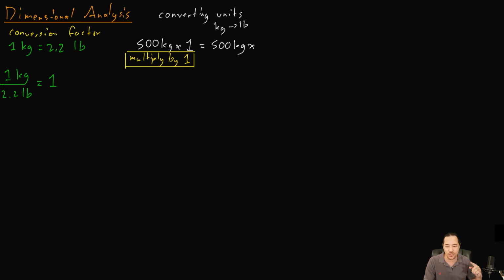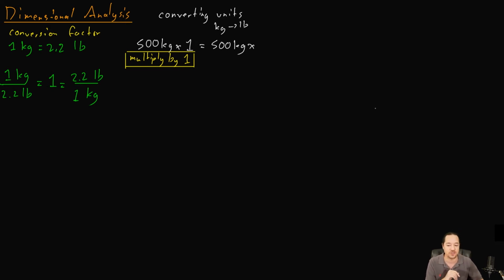I could also conversely divide both sides of this equation by 1 kilogram, right? The left side would be 1 kilogram divided by 1 kilogram. Well, that's 1. And the right side would be 2.2 pounds divided by 1 kilogram. So here I have 3 different ways of writing down 1. And I'm going to choose one of them to multiply by 500 kilograms to convert our unit.